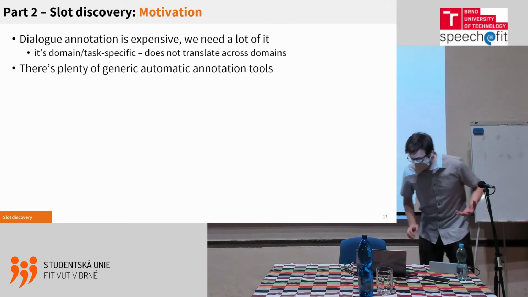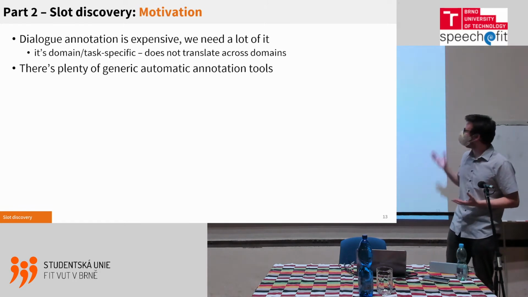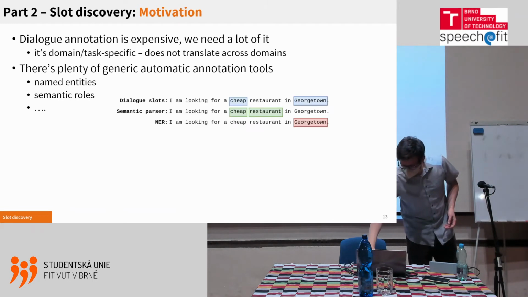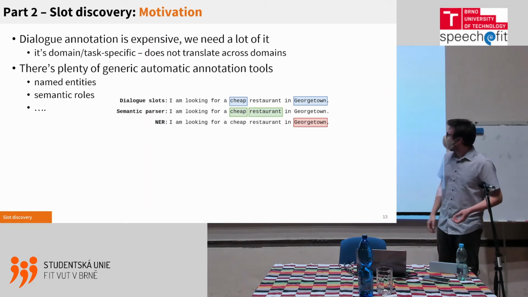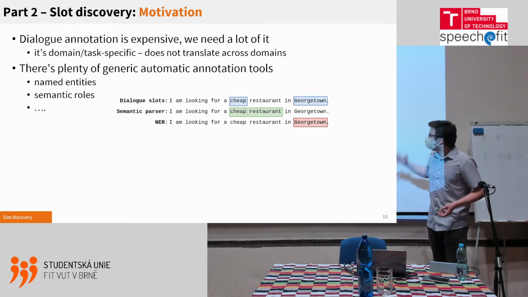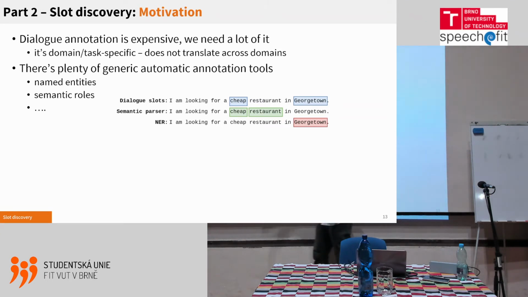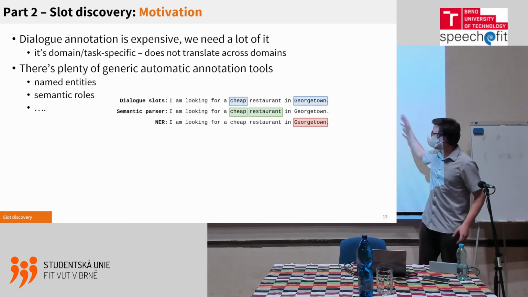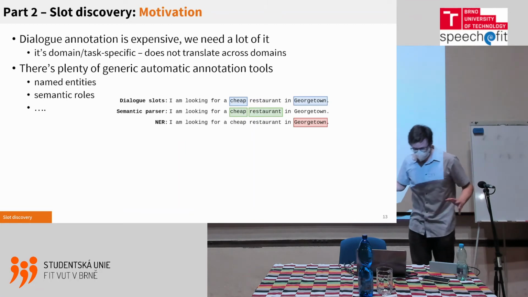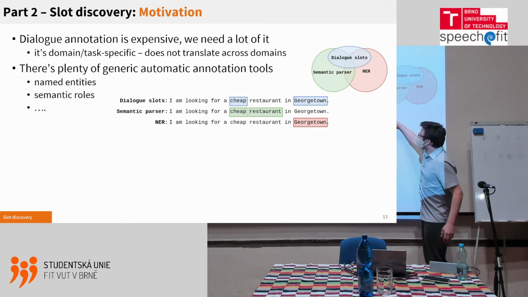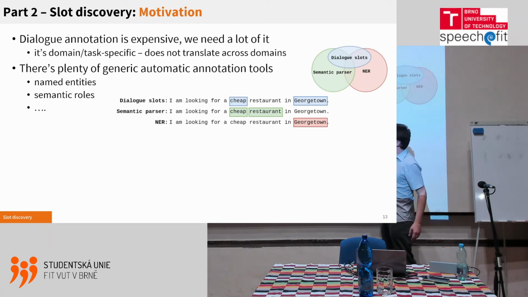But there are plenty of generic linguistic annotation tools that are automatic. So you have named entity recognition, semantic role labeling, or semantic parsers. You can probably think of other types of linguistic annotation that you have tools for, but these two are the ones that we tried in this experiment. If you look at the output of a semantic parser, there is stuff that is not so interesting.